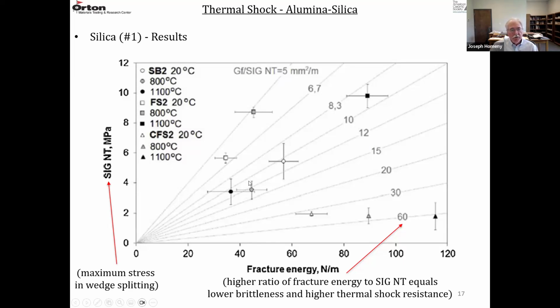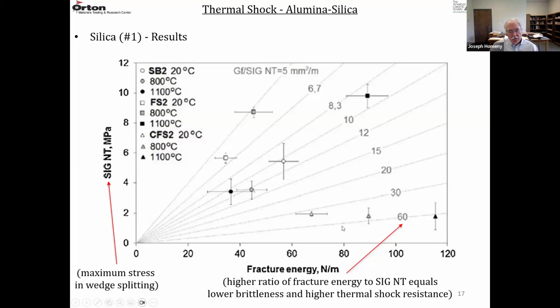They're over here. The fused silica are the squares at 20, 800, and 1,000. The squares are up here, but then the triangles are down here. That's the crystalline fused silica material at the three temperatures, 20, 800, and 1,100. So they took a much lower load in the wedge splitting test, but they also have the higher work of fracture.